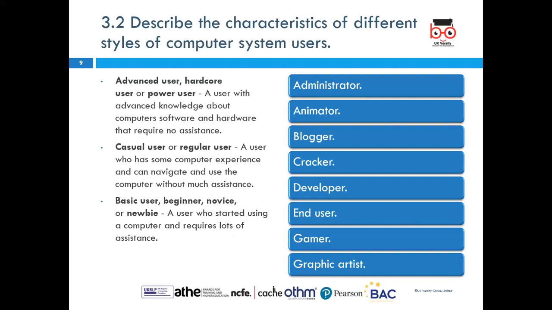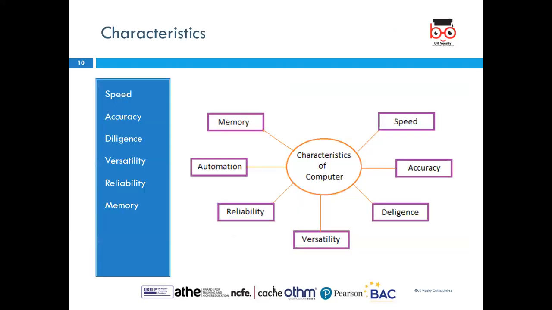Then we have casual, so these are people a little bit more advanced, but not to a professional level, so they have a bit of knowledge regarding operating systems and how to manage them. Then we have advanced people who work with computers on a daily basis and do a lot of research.